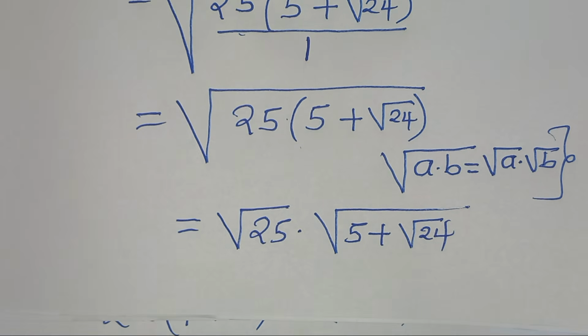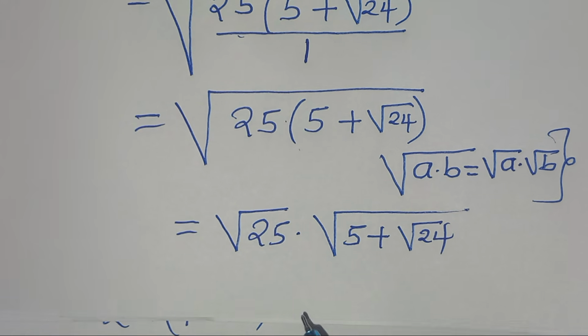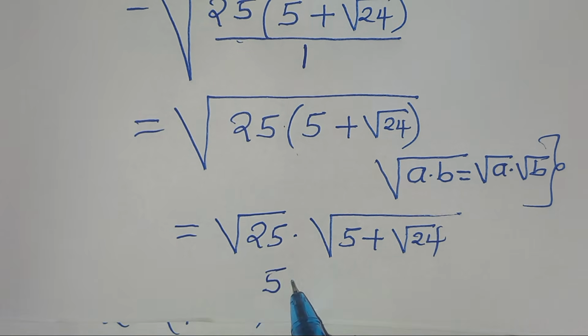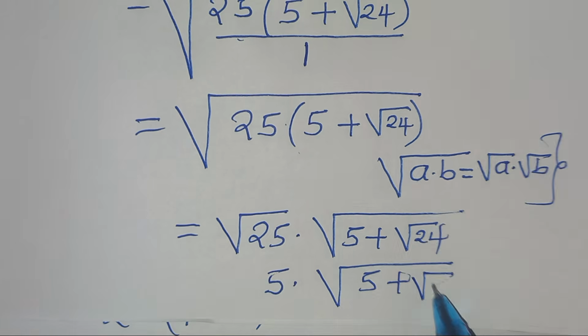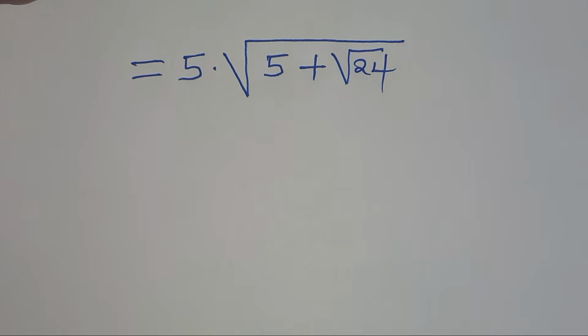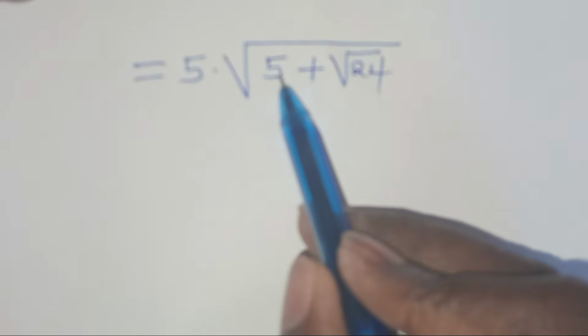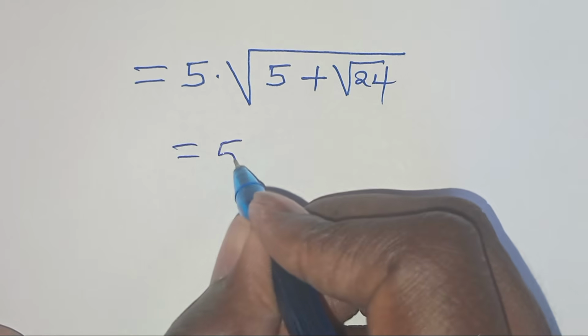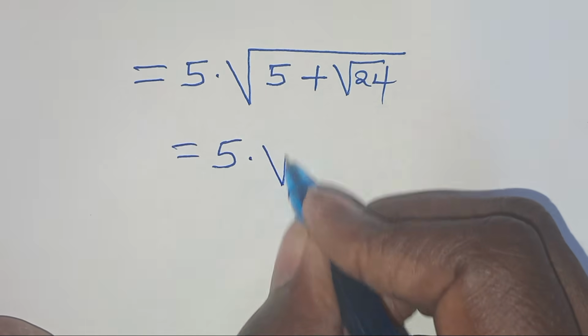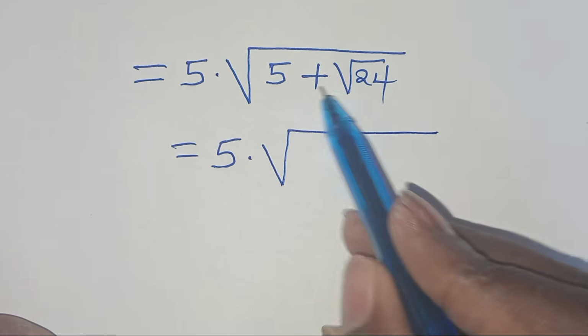So now we have root 25, which is the same thing as 5, multiplied by root 5 plus root 24. Now we have 5 times root 5 plus root 24.